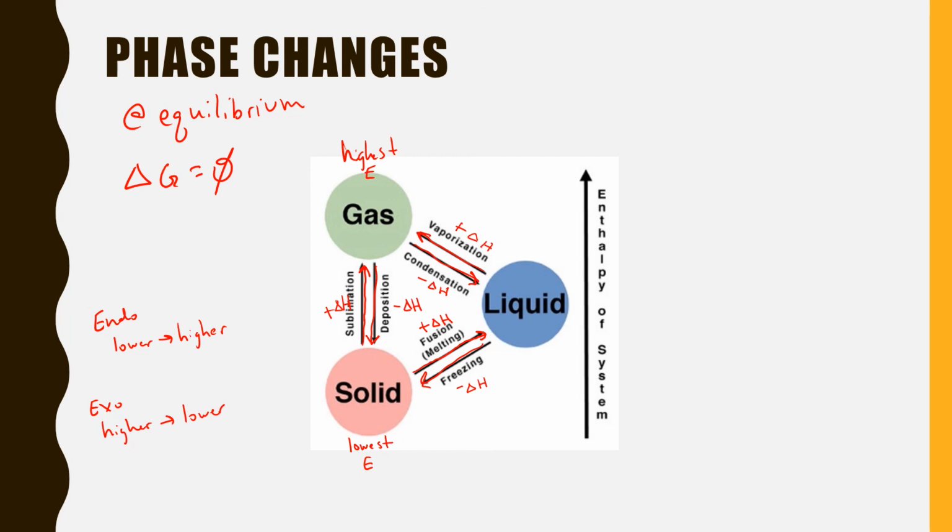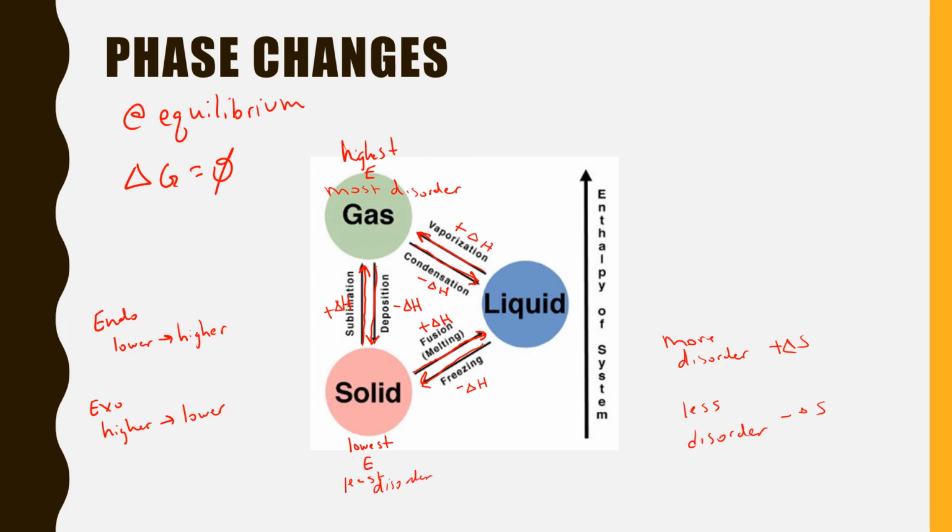Now let's look at delta S. Whenever I have more disorder, it's a positive delta S, and less disorder is a negative delta S. So, gases have the most disorder, and solids have the least disorder.